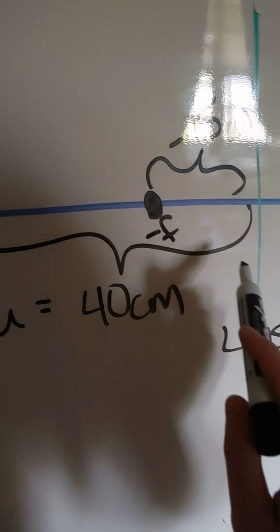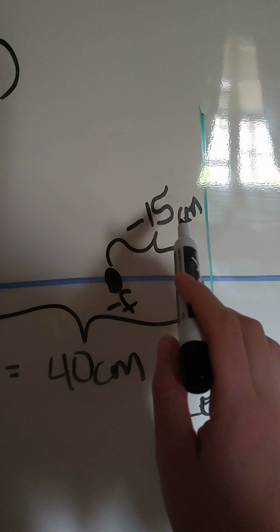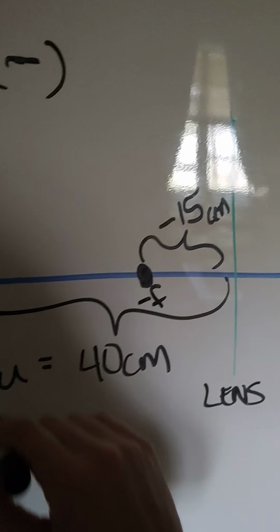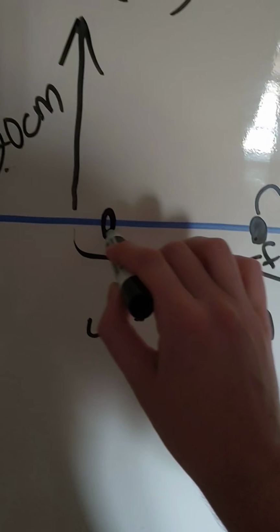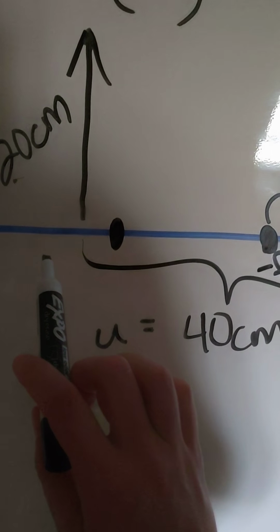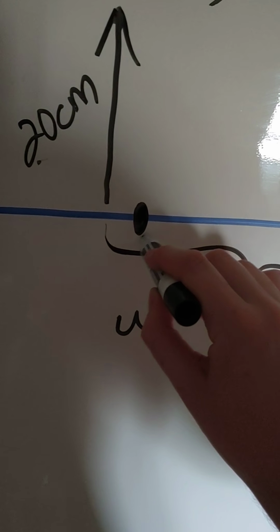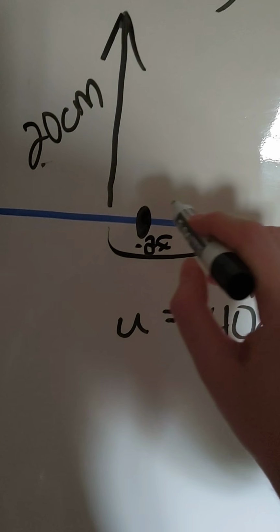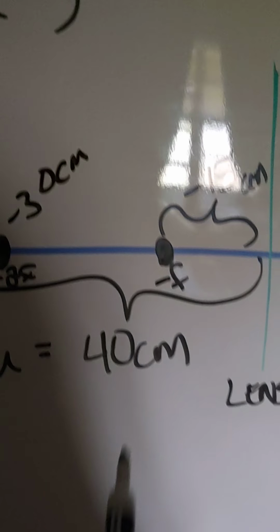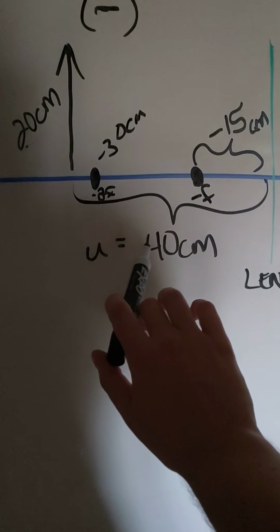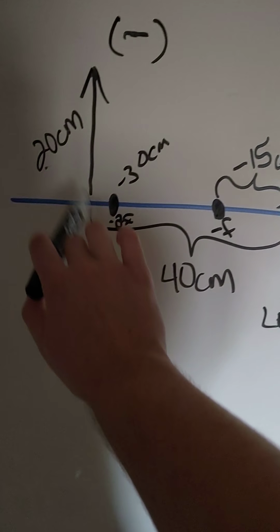And then 2F over here, since this is a 15, 2F is 30. So if the object distance is 40, 2F is going to fall somewhere before where the object lays. So this is 2F. This is minus 30 centimeters. This is so that you know when you're drawing it where to put your object.